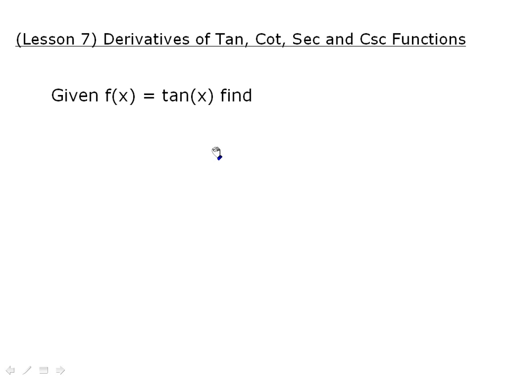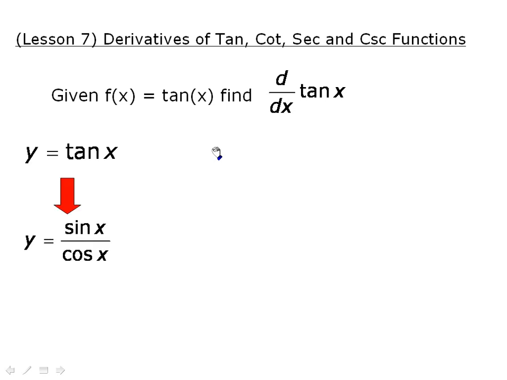Now, starting with tan, given a function tan x, if we were to get the derivative of tan, we'd want to recognize first off that tan is in fact equal to sine over cos. And that allows us to use the quotient rule to differentiate. So keep your formula sheet right in front of you. With the quotient rule, u is equal to sine x, so u prime is equal to cosine x.